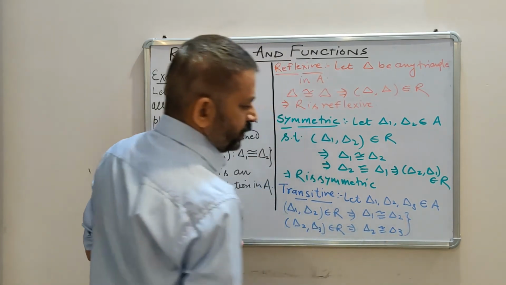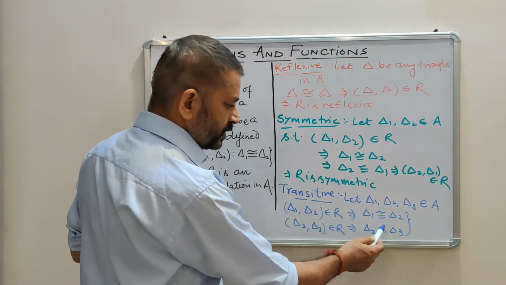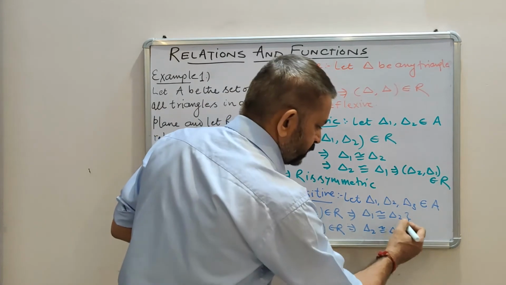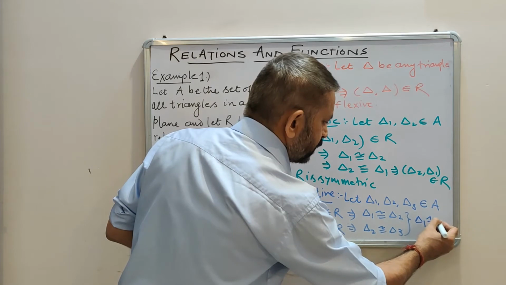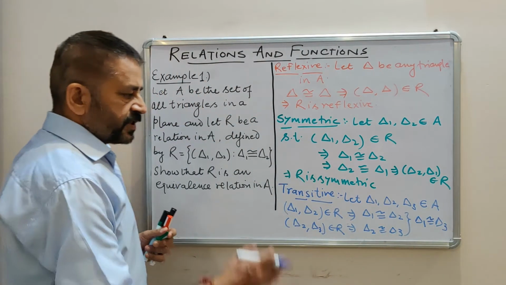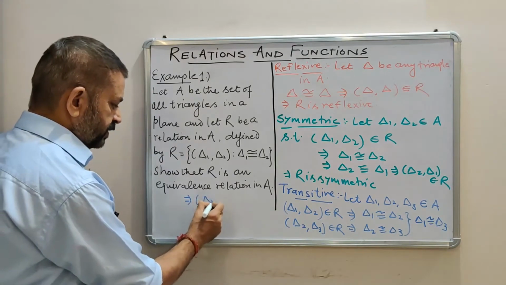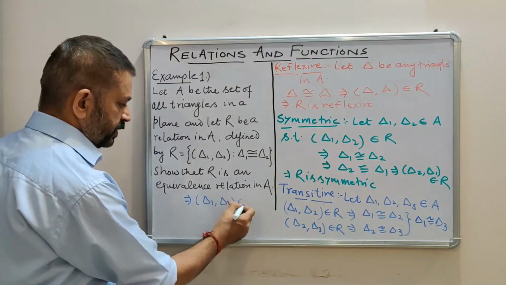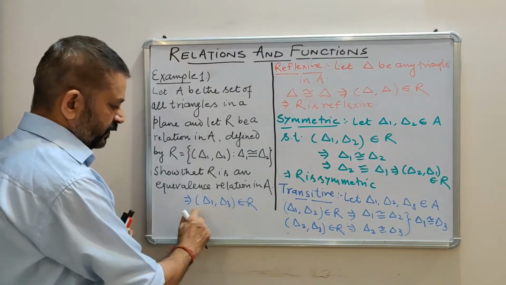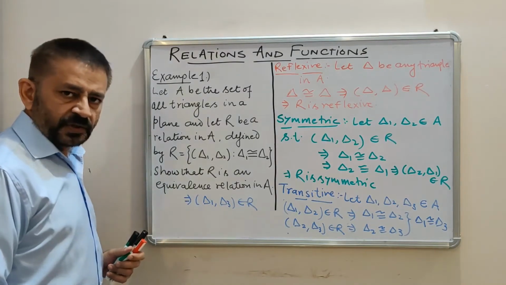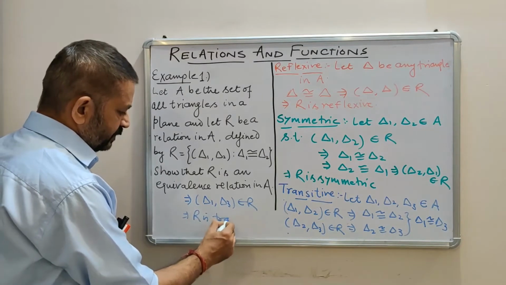Now these two relations together show that triangle 1 is congruent to triangle 3. So we can say that (Δ1, Δ3) is also in R. It means R is transitive.